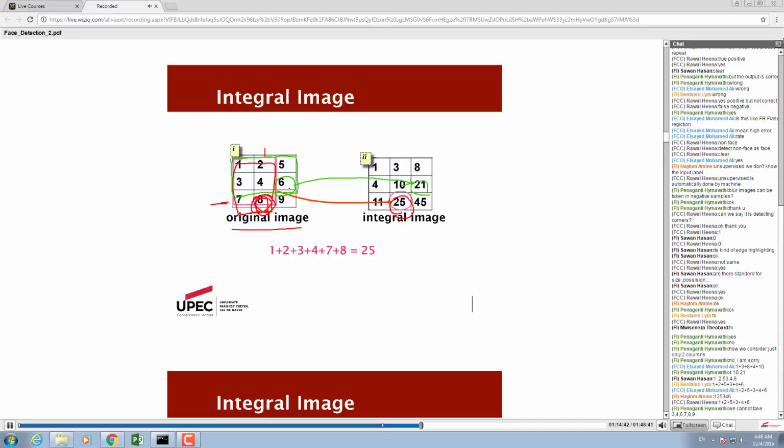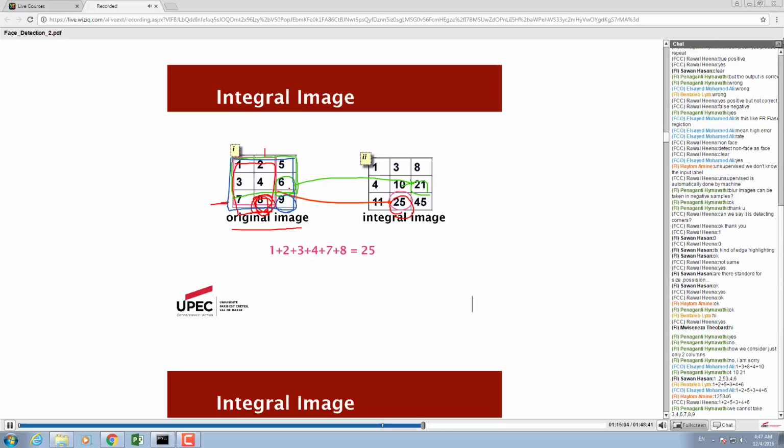Is that clear now? In the case of 9, let me change the color to blue.